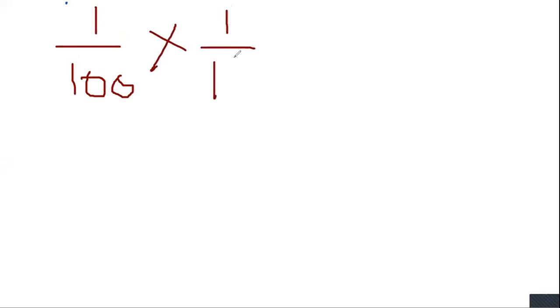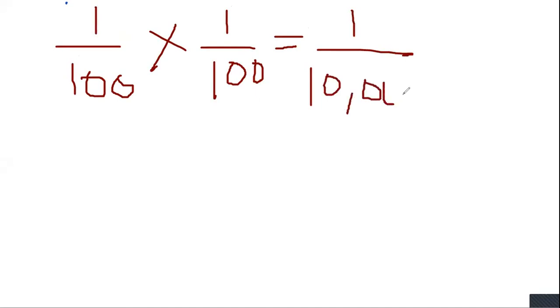A Pip was derived from 1/100 times 1/100. 1 times 1 is 1. 100 times 100 is 10,000. 1 divided by 10,000, do your mathematics, is 0.0001.